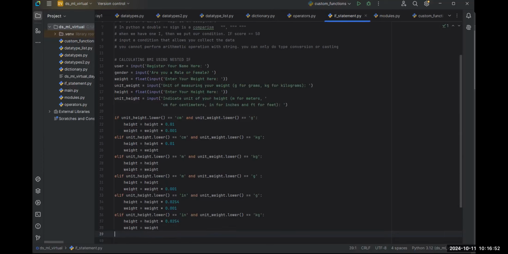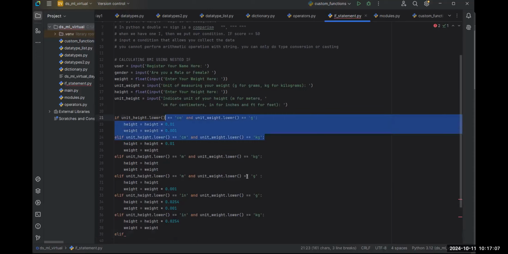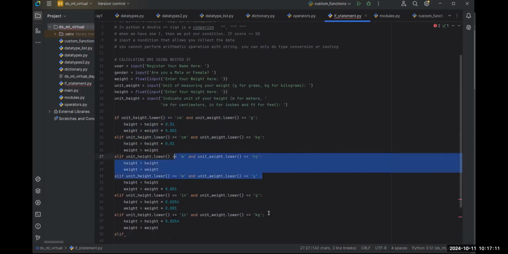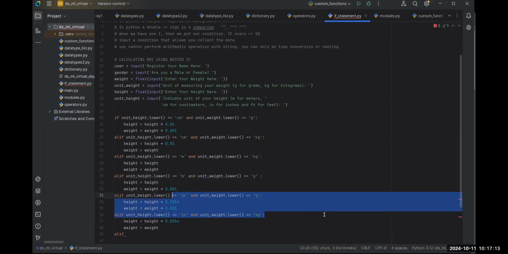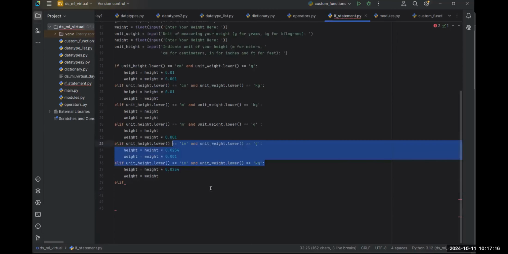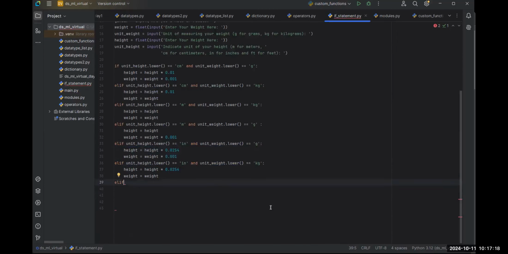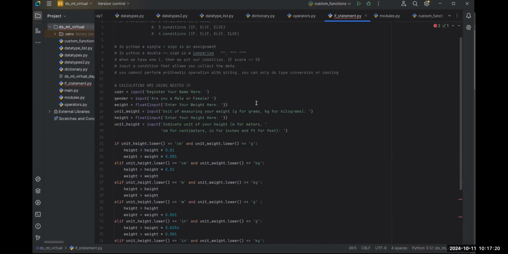Okay, now let's proceed. Elif, the next one is feet. We want to now do feet conversion. The first two is centimeter conversion. The second two is meter conversion. The third two is inches conversion. Now, we want to do feet conversion because those are the things that we specified here.